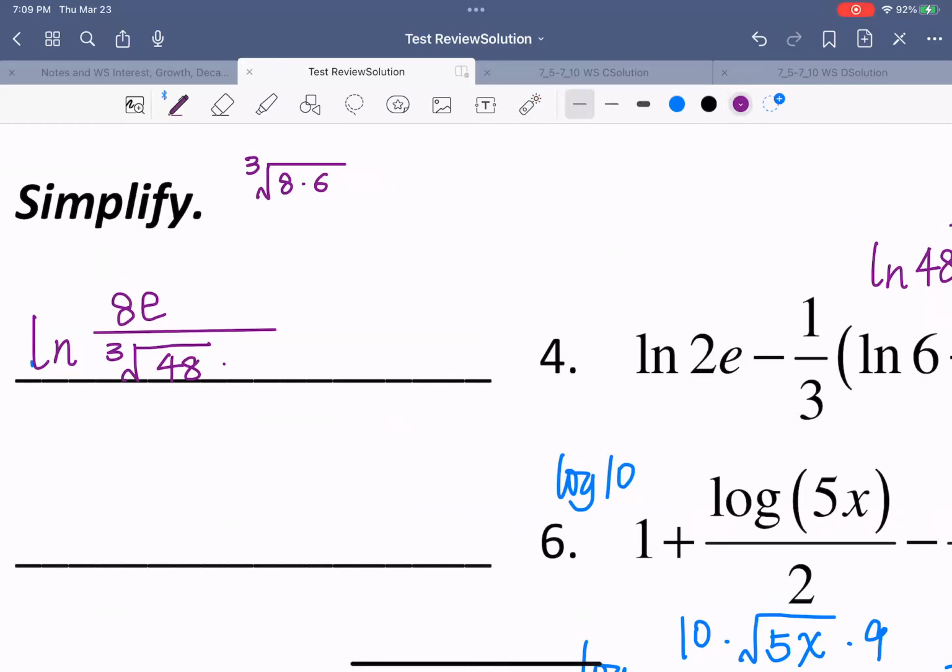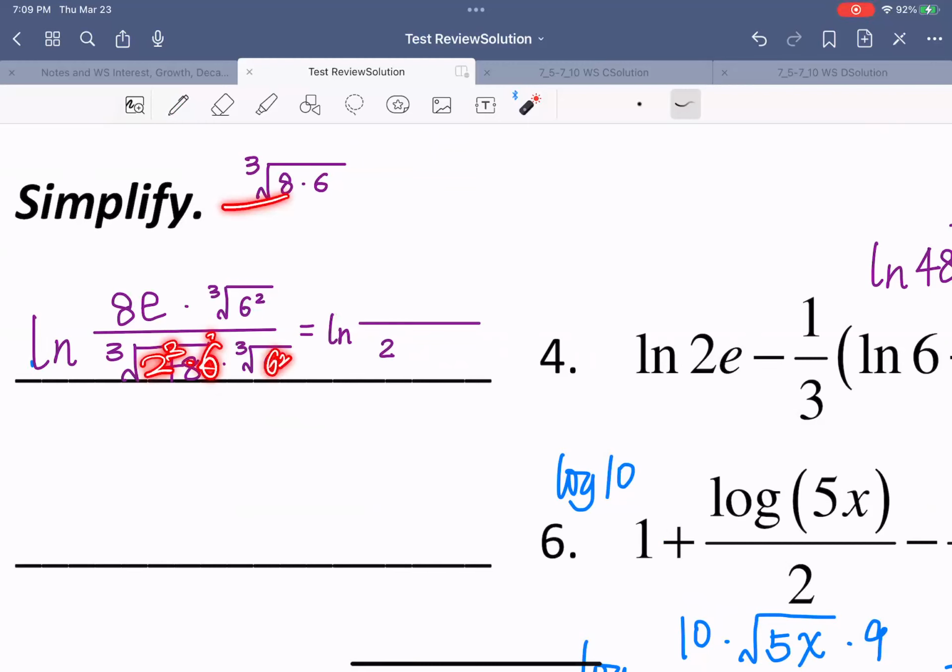So we will multiply by the cubic root of 6 squared for the top and also for the bottom. And then the bottom one is 8 times 6, so 2 can go out. And when 2 goes out, you have 2 cubed, 6 squared, so 6 can also go out, right?